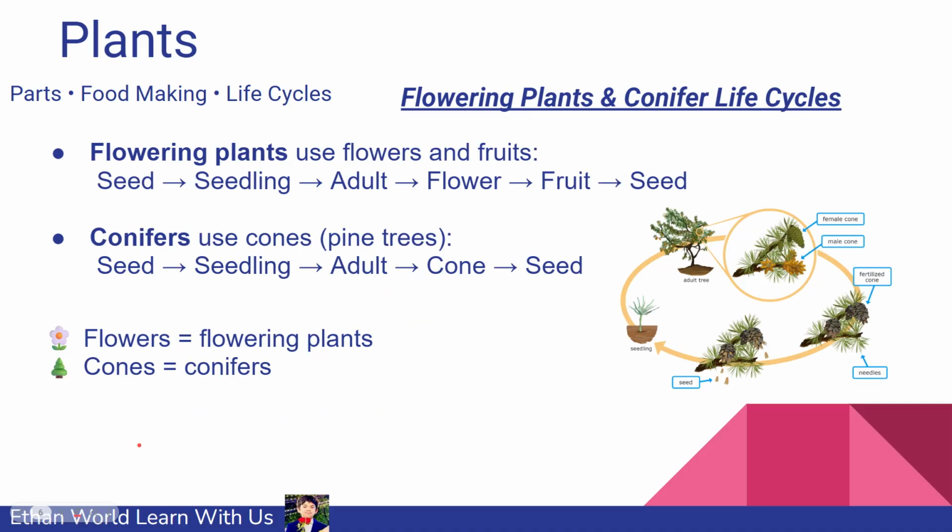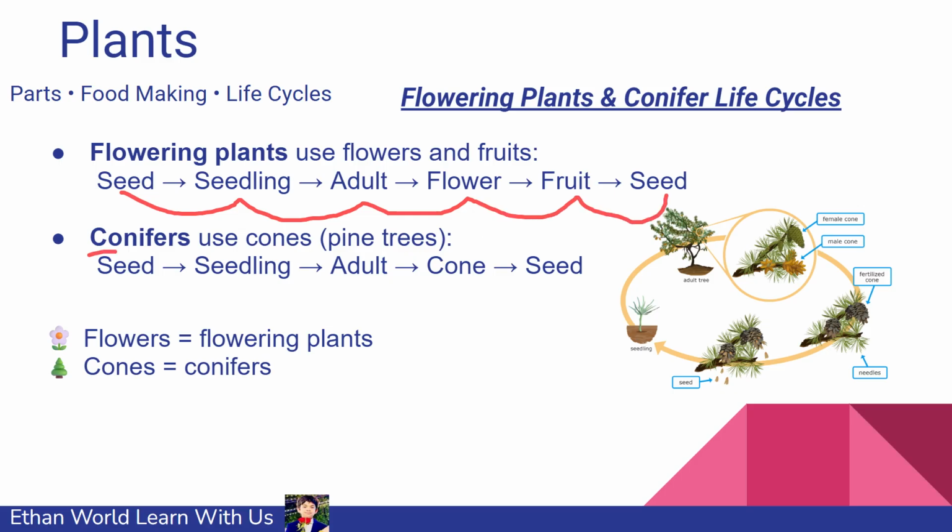Let's talk about flowering plants and conifer life cycles. Flowering plants use the flowers and fruits. Seed, seedling, adult, flower, fruit, seed. It starts from a seed, goes to a seedling, to an adult, to a flower, to a fruit, then restarts the whole life cycle.